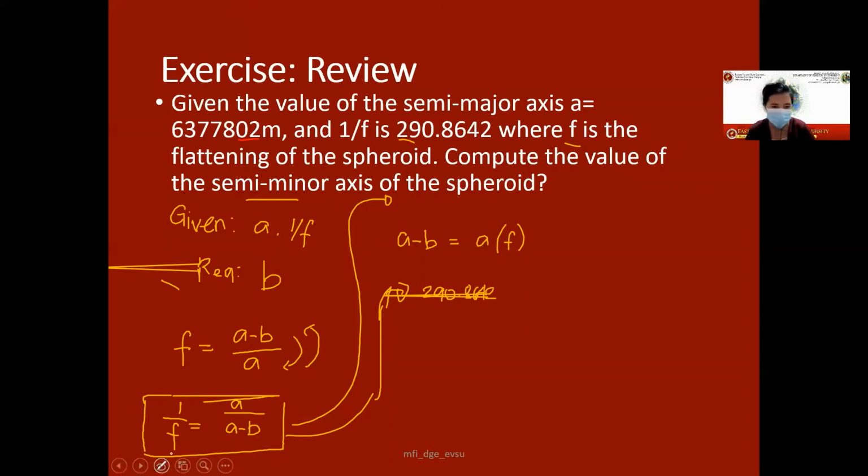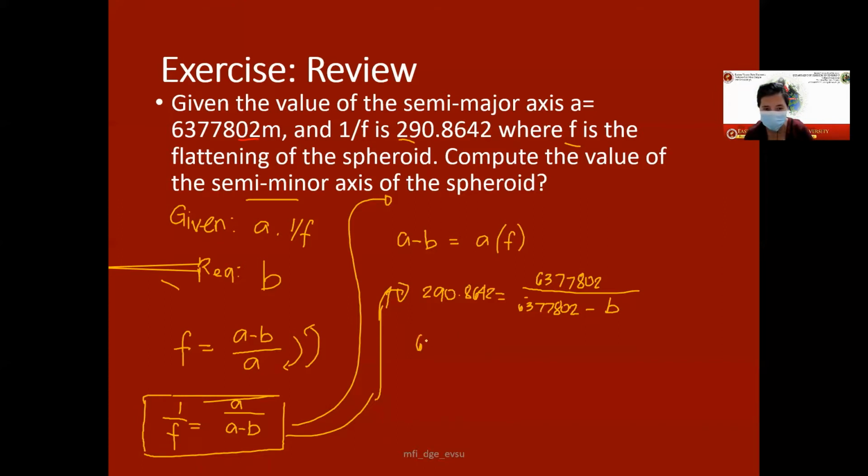That is equal to A, which is 6377802, over 6377802 minus B. Then we may cross multiply that one.